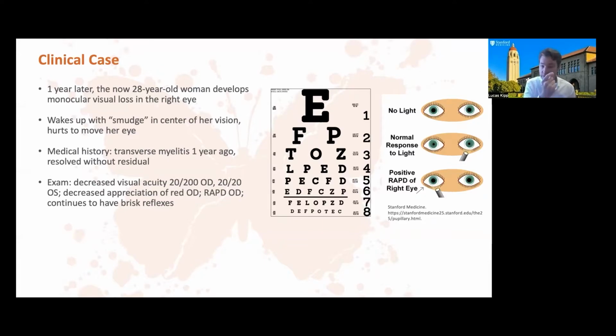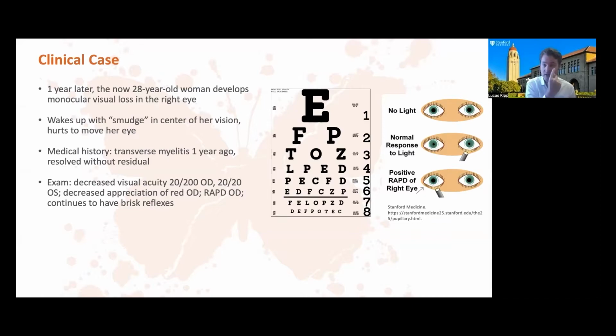When you do the swinging flashlight test, you also notice that she has a difference in her pupils, what's called a relative afferent pupillary defect. The way that we test that is that we shine light into the non-affected eye, and then we quickly swing that flashlight over to the affected eye.